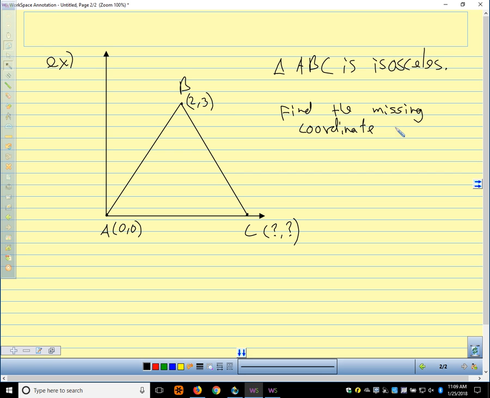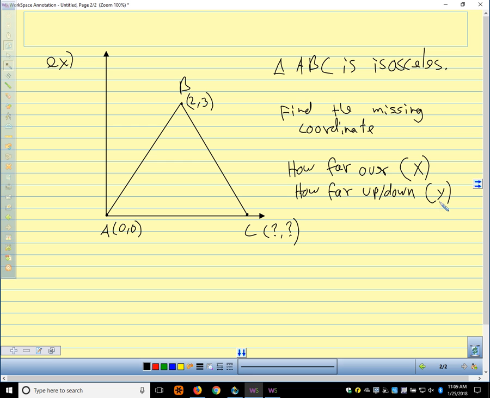So for this kind of problem, what the problem is asking us is how far over, or how far left or right. That's going to tell us the x part, and how far up or down is going to tell us the y.